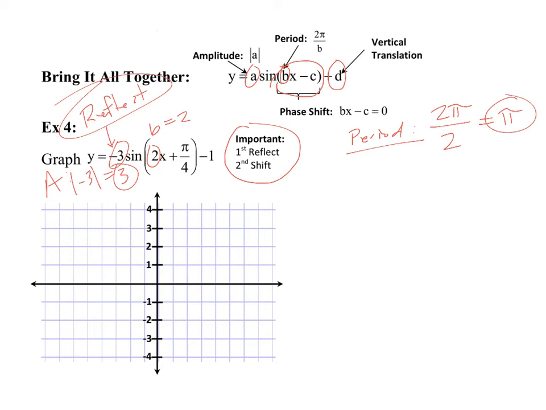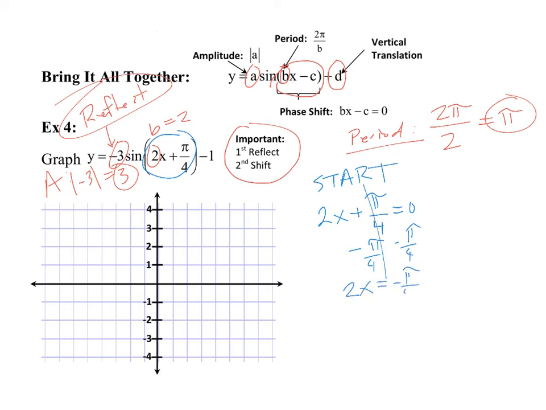Now, going after the phase shift, I need to get my starting point. So I take 2x plus pi over 4, set that equal to 0. Let's solve this. I got 2x is equal to negative pi over 4.